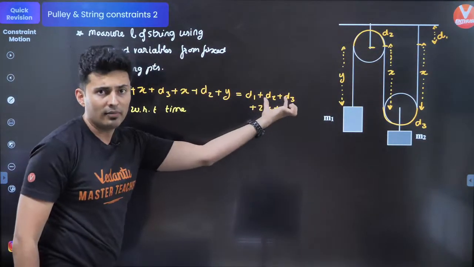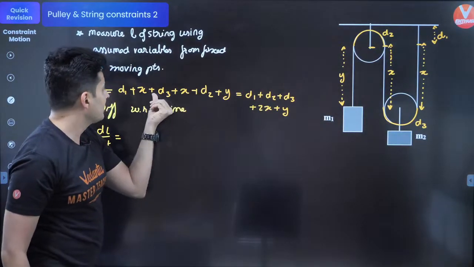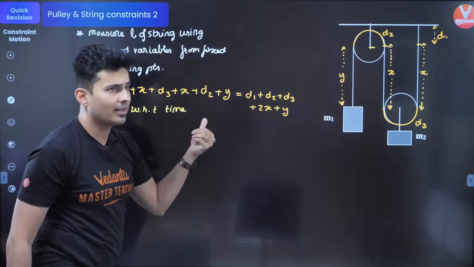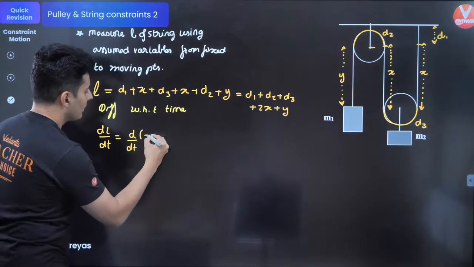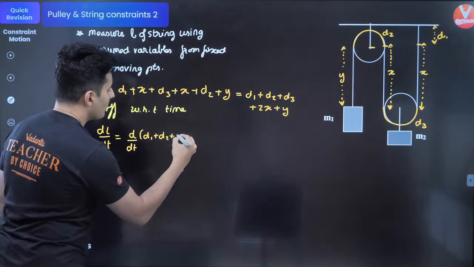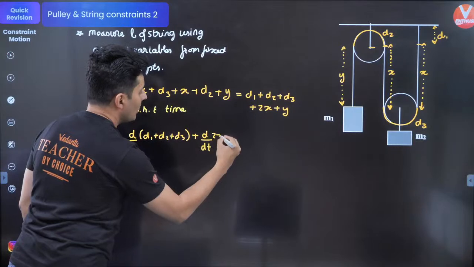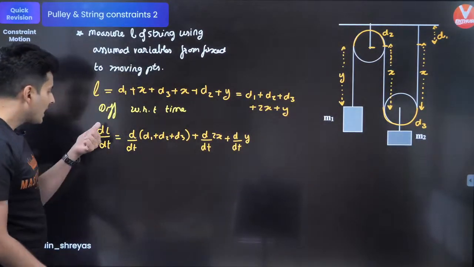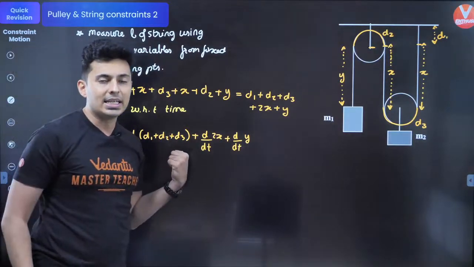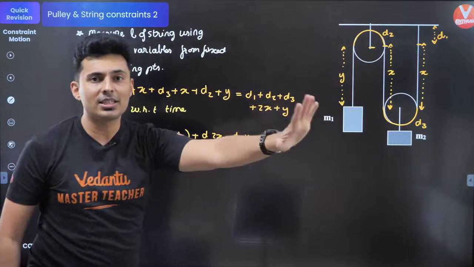I'm just collecting all variables of the same kind on similar sides; x and x is 2x, and one y is there. So here I will have d by dt of (d1 plus d2 plus d3), and the derivative of 2x plus the derivative of y. dl by dt is 0 because the length of the string never changes.